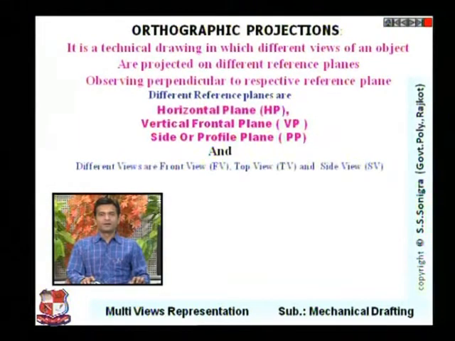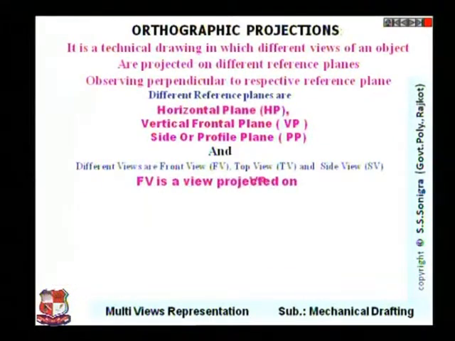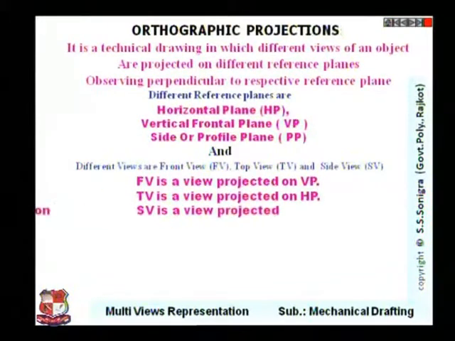The different views are front view, top view and side view. The front view is called elevation for civil students, the top view is called plan for building drawings, and the side view remains side view. Front view is projected on the vertical plane, top view on the horizontal plane, and side view on the profile plane.